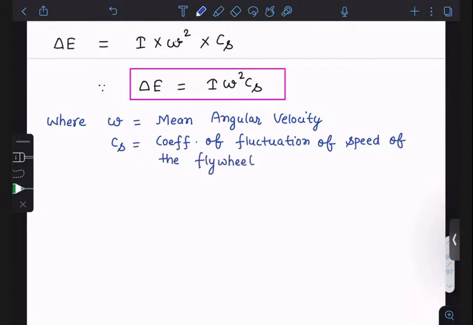Clear everyone? I is the moment of inertia, right?